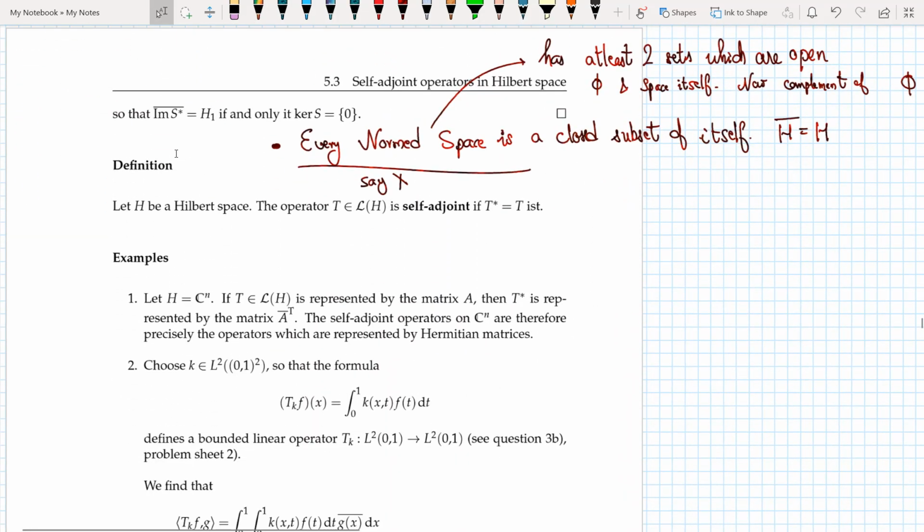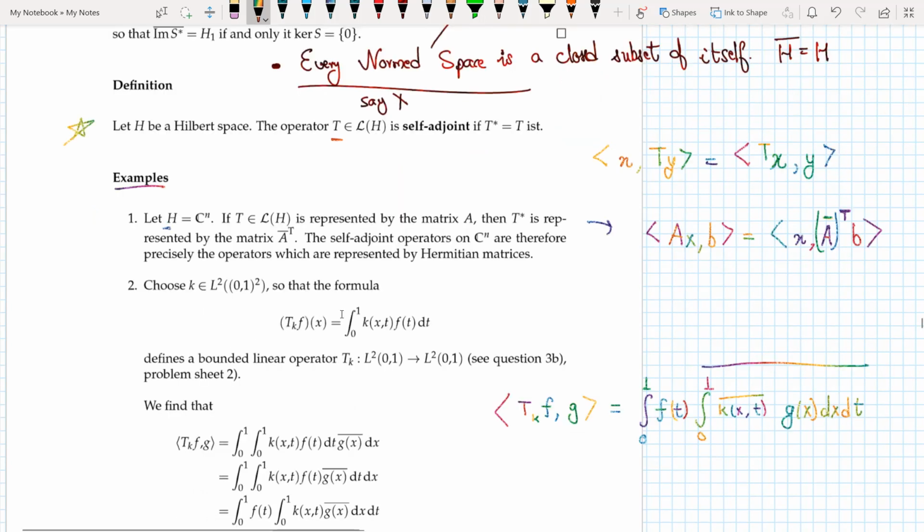There we are. Now the next definition is, let H be a Hilbert space. The operator T is self-adjoint if T star equals T. Now let's look at the examples.